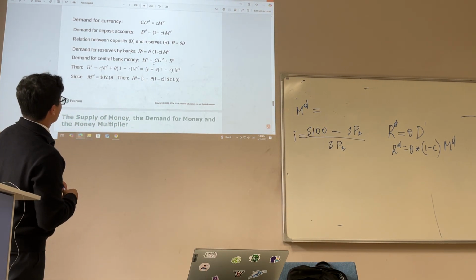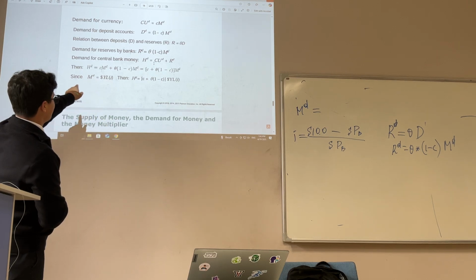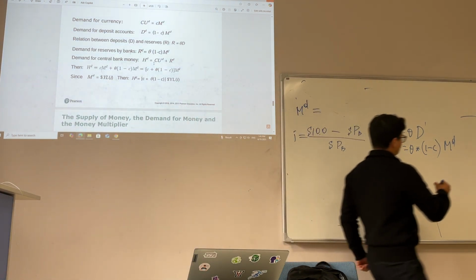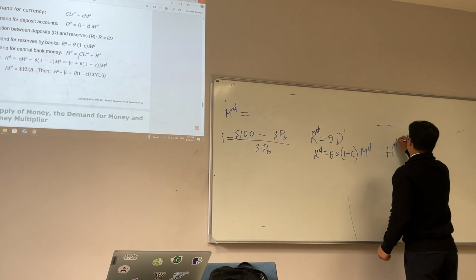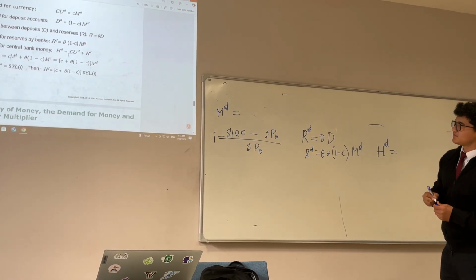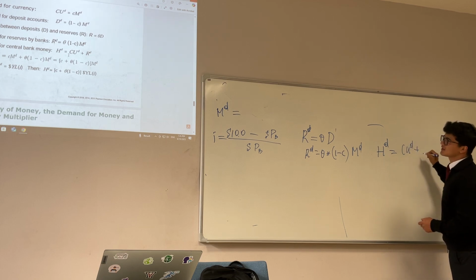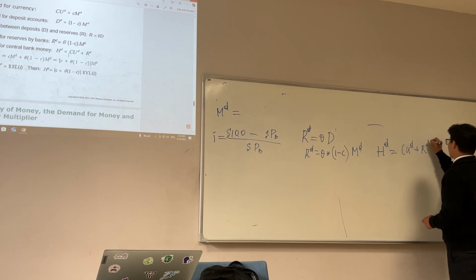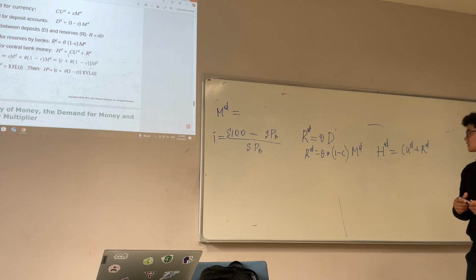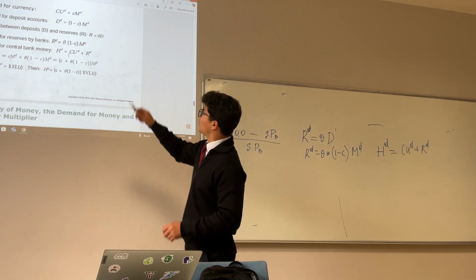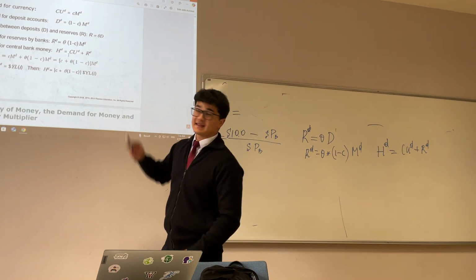Then they're also plugging all these numbers into one. Like HD is equal to CU plus RD. So you guys know that our CU is equal to C MD.